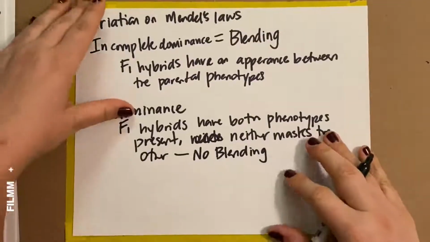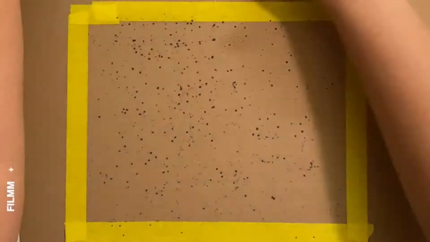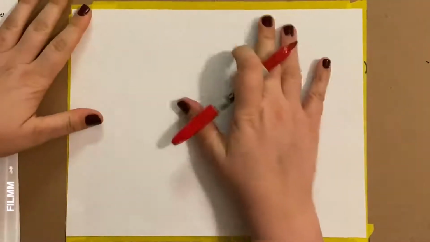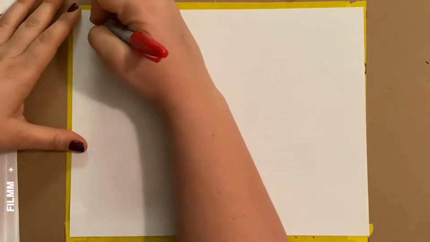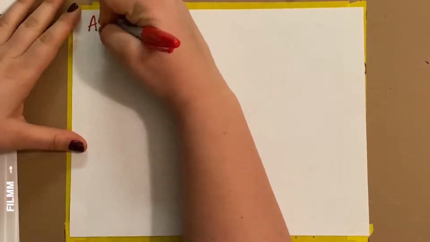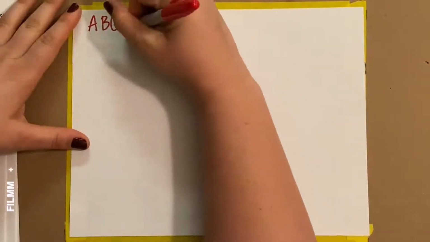The best example of this is blood types. So for blood types, there is codominance. We have what we call the ABO blood groups.